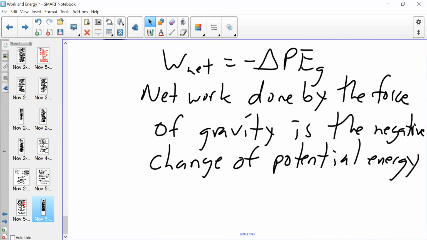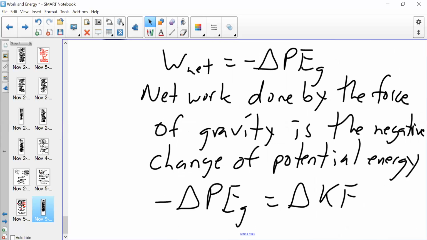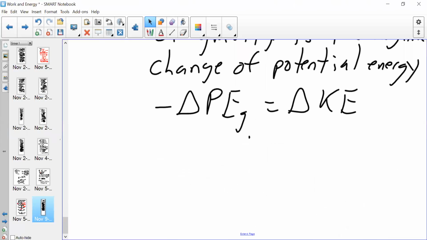That being said, net work is equal to this. It's also equal to the change in potential energy. We can set these guys equal to each other. We know what the fundamental equations are. Now let's do something. We know that potential energy is mgh, and the change is final minus initial.